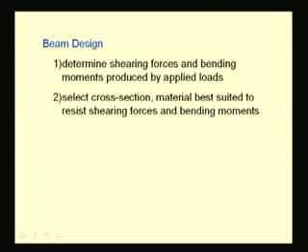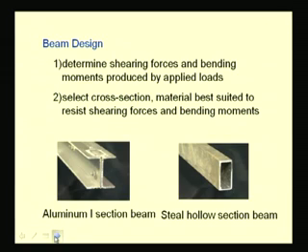And once we have determined these internal forces, we design the beam cross section and select the beam material which can resist these forces under the applied load. Here you see some examples: an I section beam made of aluminum, a hollow section beam whose material could be steel, or these wooden beams which are solid.